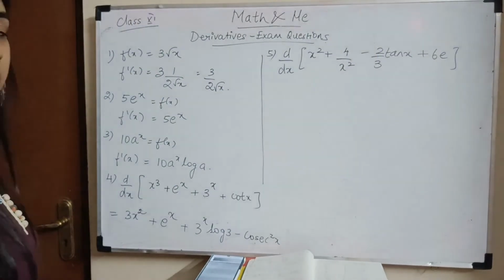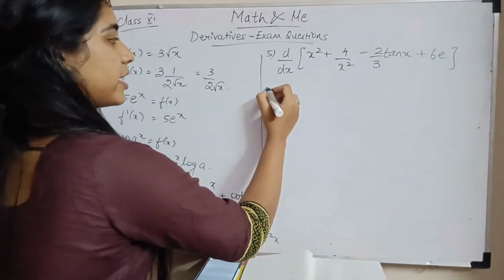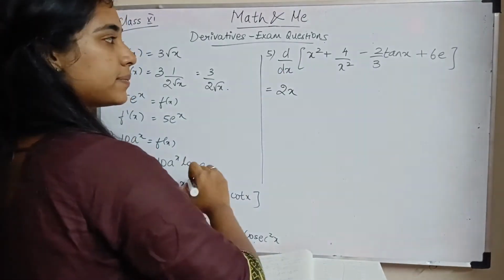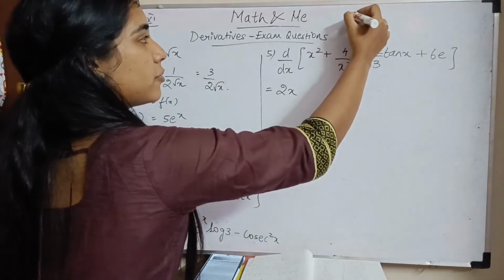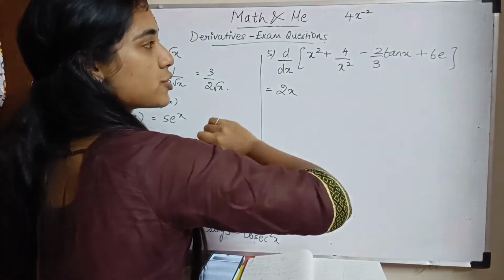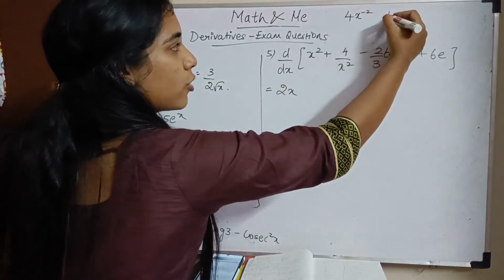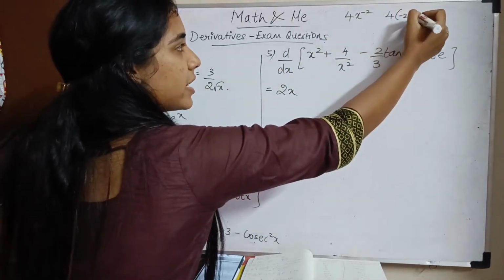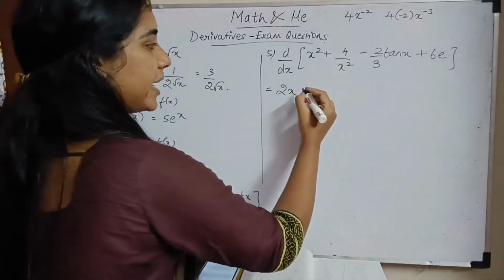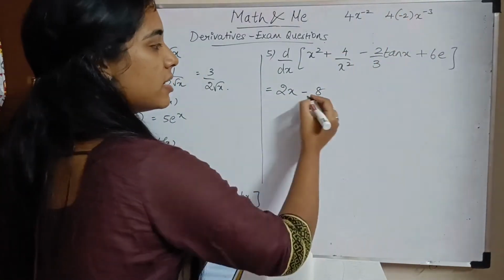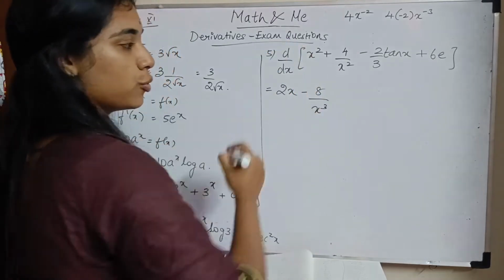So இப்போ இதோட டெரிவேட்டிவ் எப்படி எழுதுறது? x square ஓட டெரிவேட்டிவ் is 2x. So here we have 4 by x square. இது எப்படி எழுதலாம்? 4x to the minus 2 னு எழுதலாம். அப்போ minus 2 கீழே வந்தா என்ன ஆகும்? 4 times minus 2 x to the minus 3. So இது எப்படி எழுதலாம்? 4 2s are 8. So it will be minus 8 divided by x cube.